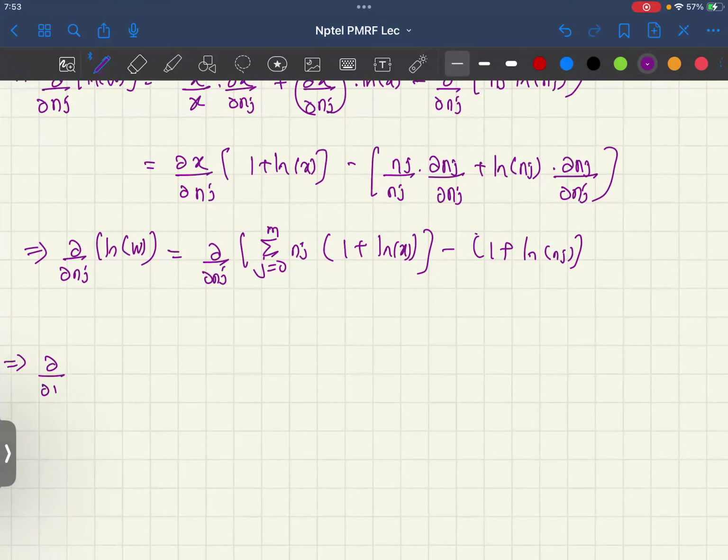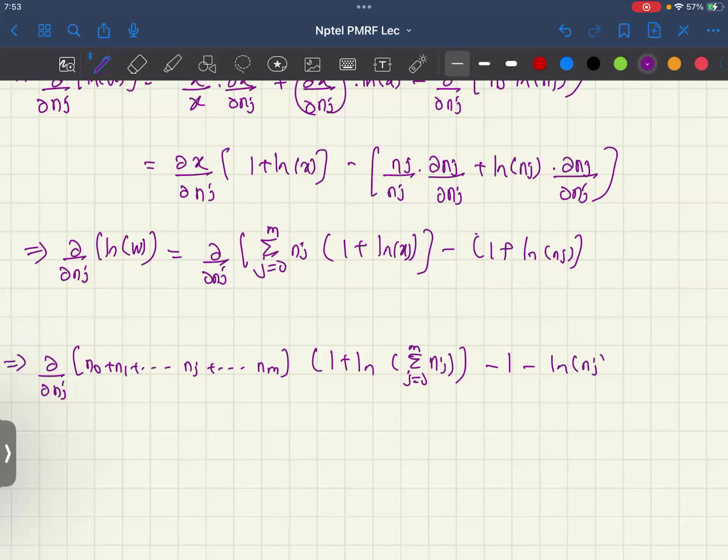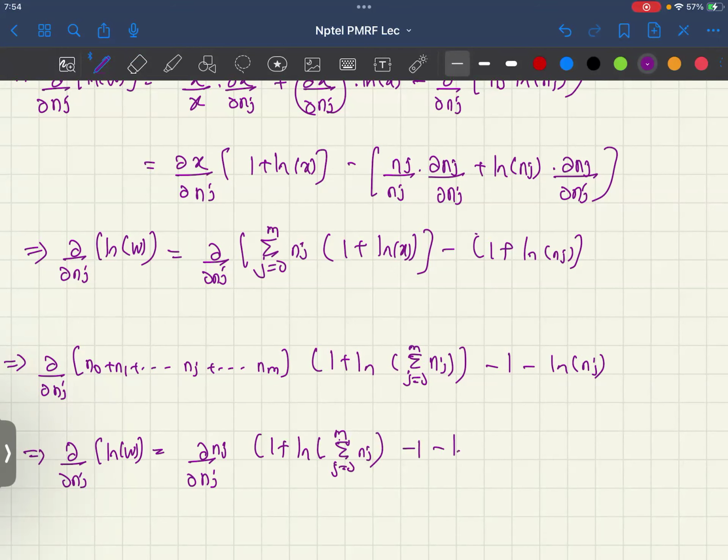This is nothing but dou by dou nj of n0 plus n1 plus up to nj, which is up to n, multiplied by 1 plus ln of summation j is equal to 0 to m nj, minus 1 minus ln of nj, plus dou nj by dou nj into 1 plus ln of summation j is equal to 0 to m nj, minus 1 minus ln of nj.